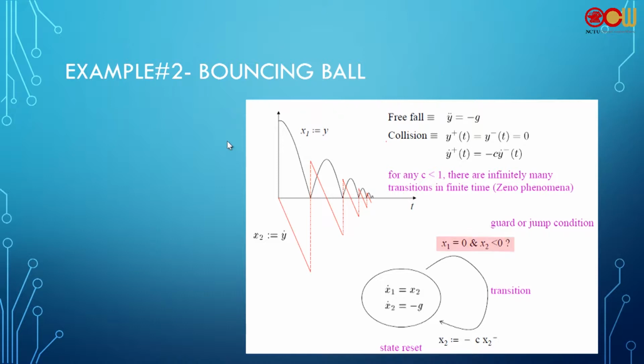After you hit the ground, this velocity will change the direction, which become positive here, okay? So this behavior can be modeled by hybrid systems, okay? And before, if you use conventional dynamics, you cannot model this behavior because obviously there's a discontinuous state in terms of velocity in the system. What we covered in this class, this semester, before this course, is continuous dynamics. This is the first time you see the discontinuous dynamics.